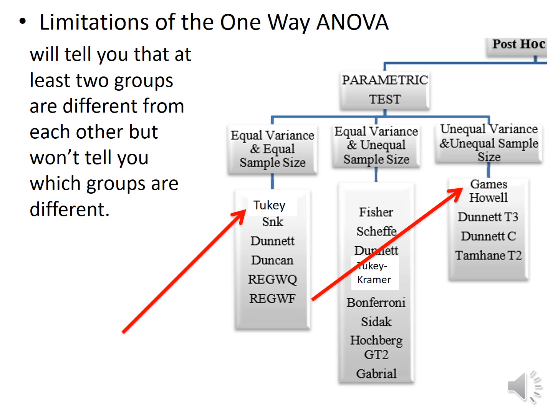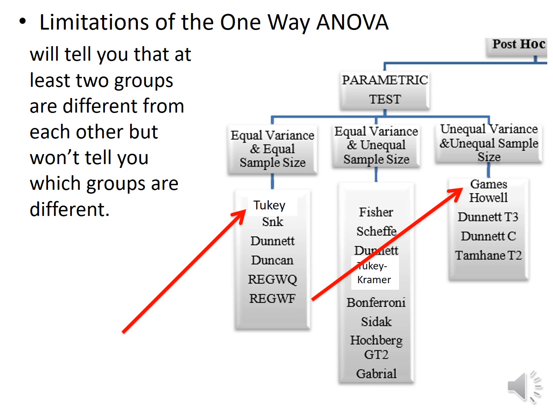However, if your respondents, even if they are drawn from the same population, so it's assumed that they have equal variances, have, for some reason or another, unequal sample size. Maybe along the way, some respondents withdraw from the research.